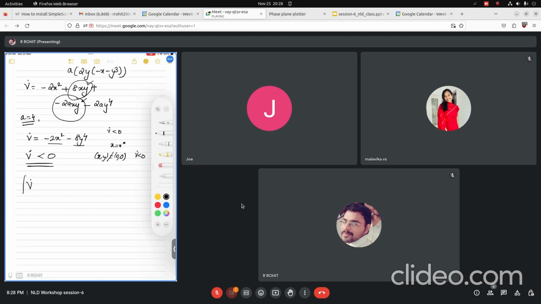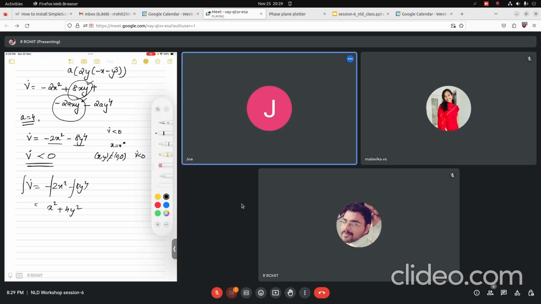Now if you integrate this v dot, minus 2x square and minus 8y square separately, you will come down to x square plus 4y square. Or you take this and you can put the derivative.